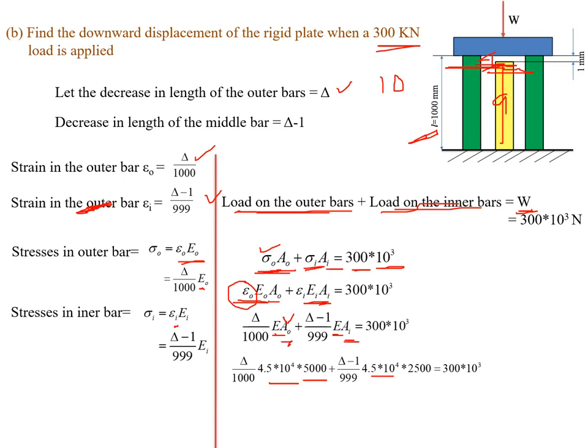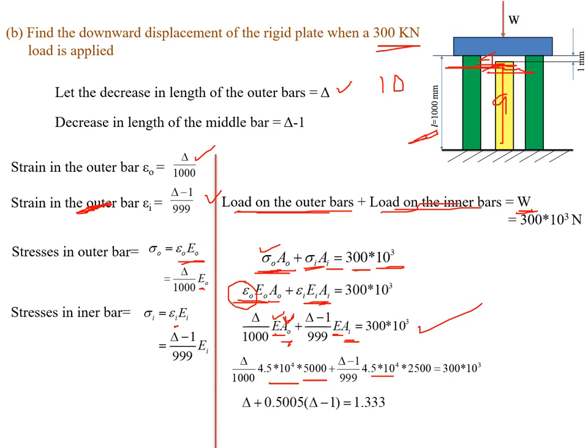The inner bar is only 1 bar, so its cross section area is 2500. Substituting all the E values and cross section areas in this equation, we get delta by 1000 into 4.5 into 10 to the power of 4 into 5000, plus delta minus 1 divided by 999 into 4.5 into 10 to the power of 4 into 2500, equals 300 into 10 cube.